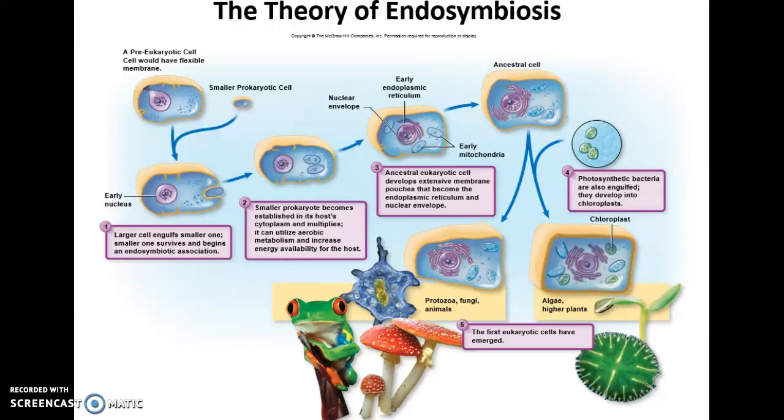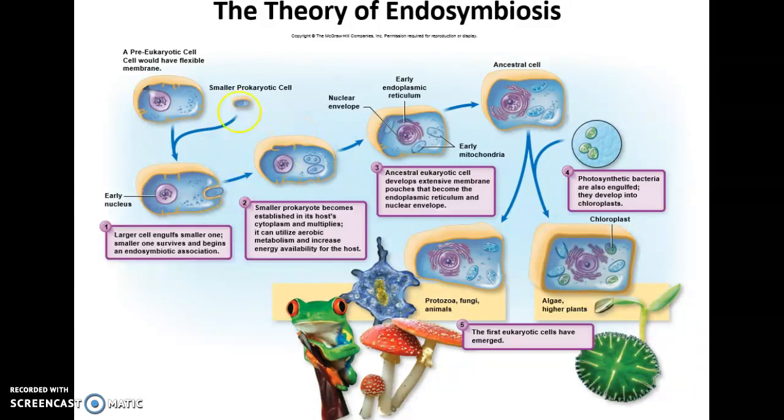What this does is it describes how a large host cell, indicated by this guy right here, and a small bacteria cell or a prokaryotic cell that's been ingested by the big guy, this guy here, how those two entities come to form one entity and become dependent on each other.